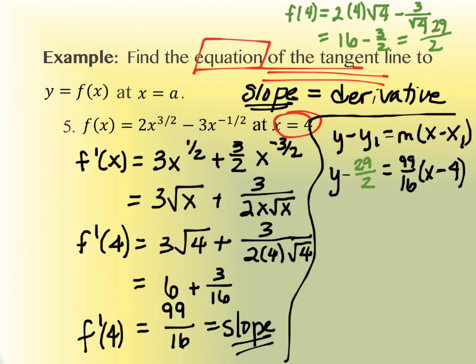I mean, this doesn't look very nice. Normally we would want this to be written as y equals. So this is y equals 99 over 16x minus 99 over 4, actually, and then plus the 29/2. If I move that to the other side, I can combine the last two together, right?